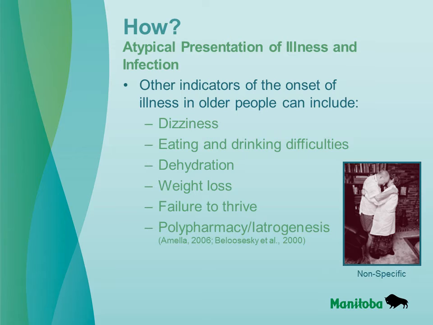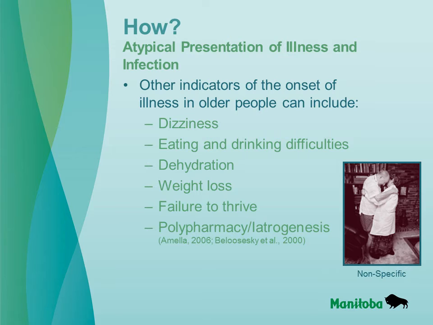Older adults often manifest with the onset or worsening of one or more of these geriatric giants. Other indicators of the onset of illness in older people can also include dizziness, eating and drinking difficulties, dehydration, weight loss, failure to thrive.